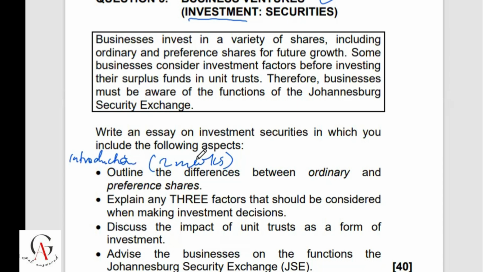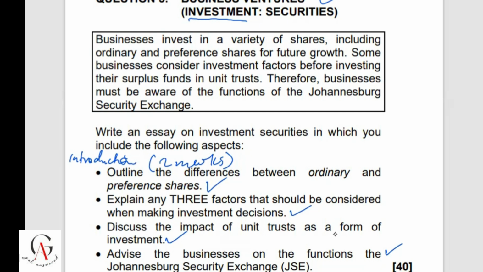2 marks under introduction. Remember, when we are dealing with the main body, each and every subheading should be indicated, and these subheadings should also be underlined for neatness purposes. Okay, right. So now bullet number 1: outline the difference between ordinary shares and preference shares.